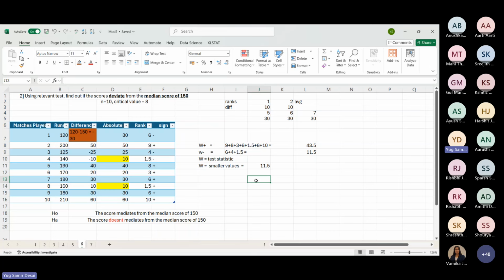Okay, so coming back, our W is less than W critical, sorry. Our value of 11.5, even after considering the smaller of the values we have, is greater than the critical value of 8.